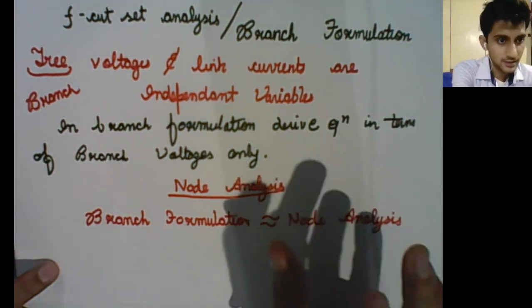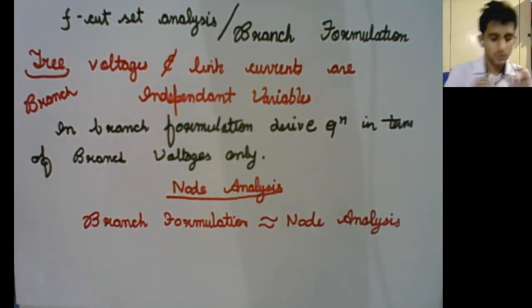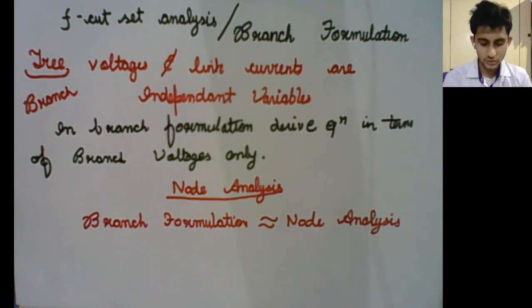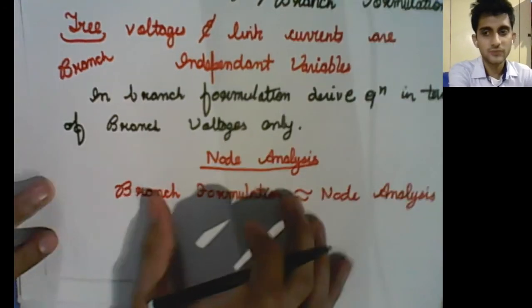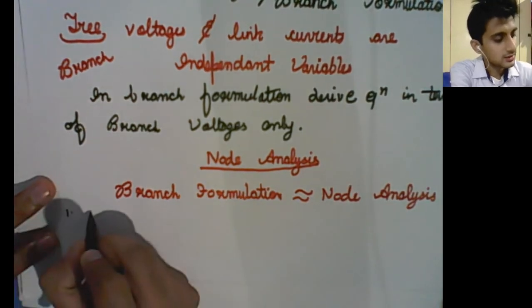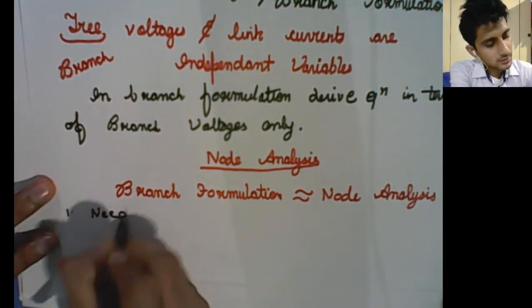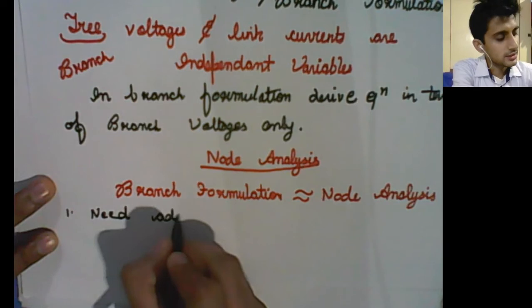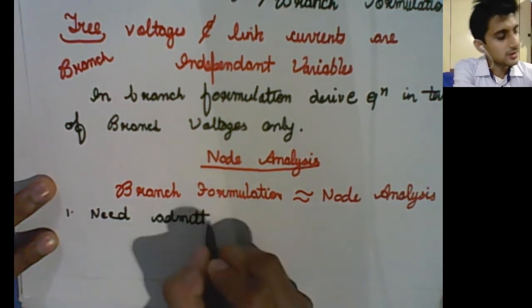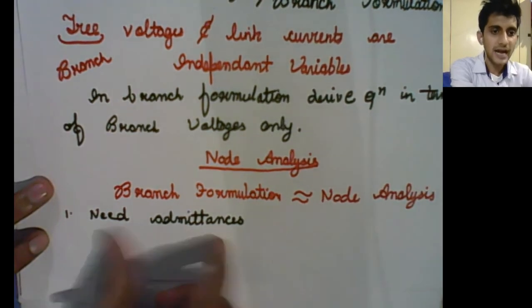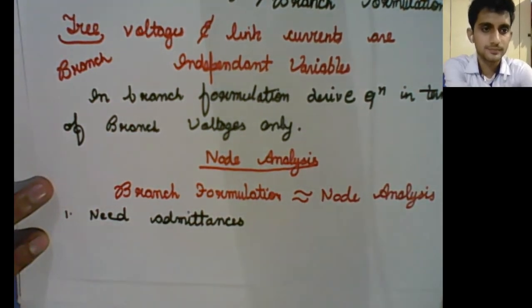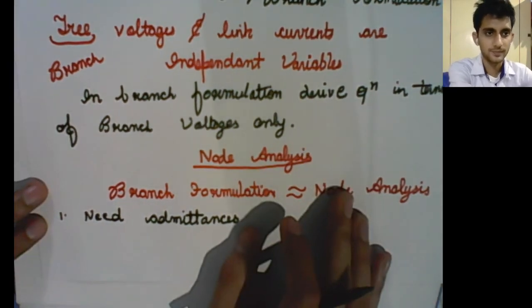But कोई difference है, एक छोटा सा difference है जो हमें याद रखना होगा. So सबसे पहली चीज that when you are doing branch formulation, you need admittances only. So still you are dealing only with admittances and not impedances. Fine. केवल admittances allowed.